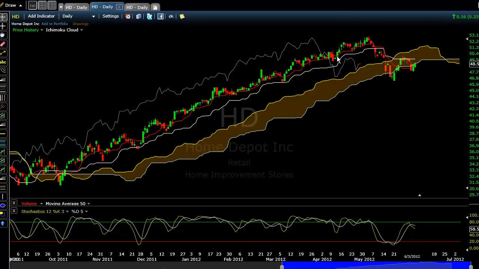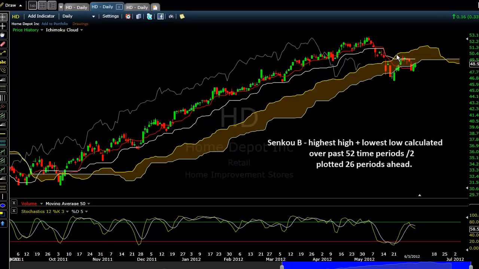So these closing candles here are actually projected 26 periods into the future, and that's where the Kumo occurs, 26 periods in front. Span B is the highest high and lowest low calculated over the past 52 candles, divided by 2, and then plotted 26 periods into the future.